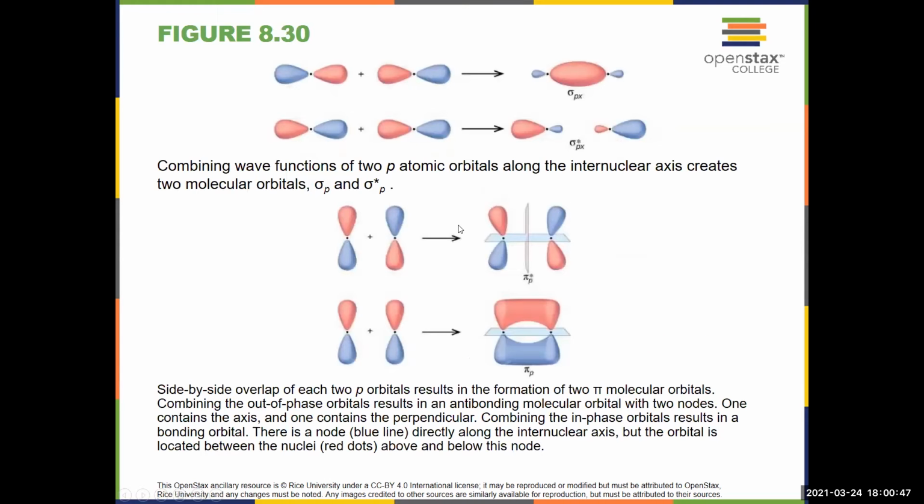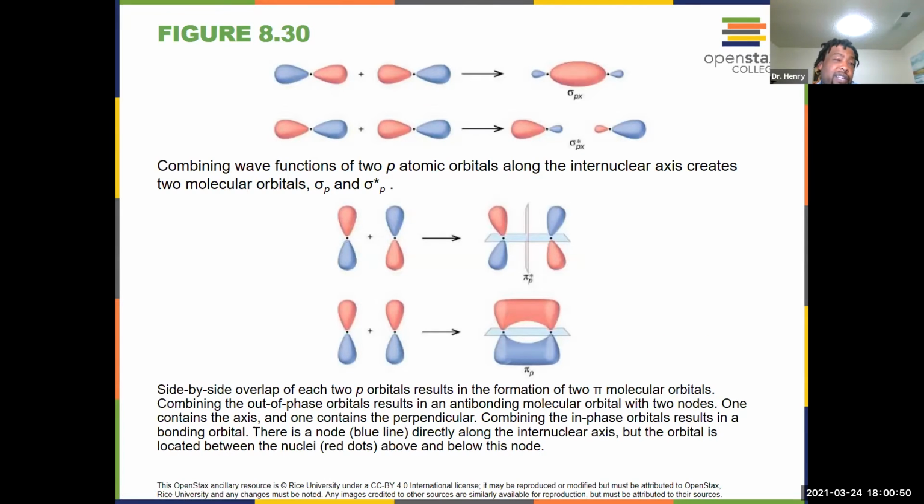Okay, this actually works for the p orbitals as well. We could have a p sigma, because two p's can form a sigma bond, and that's what you see up top here. When the two orbitals are in phase together, using the color to help us signify, meaning the red and the red are close together, they can merge and form a sigma px bond.